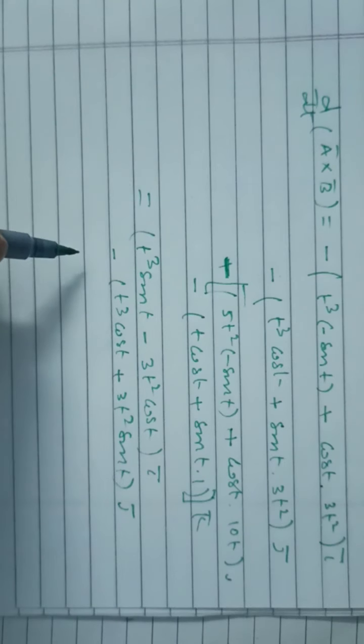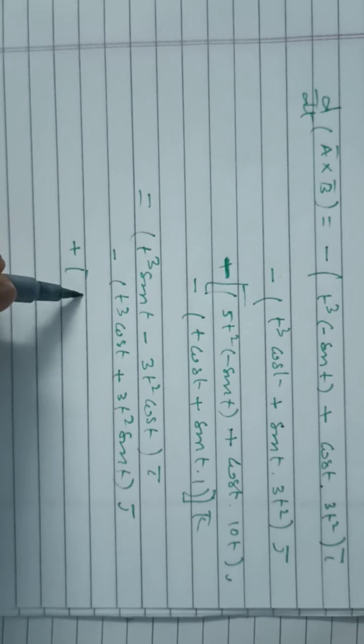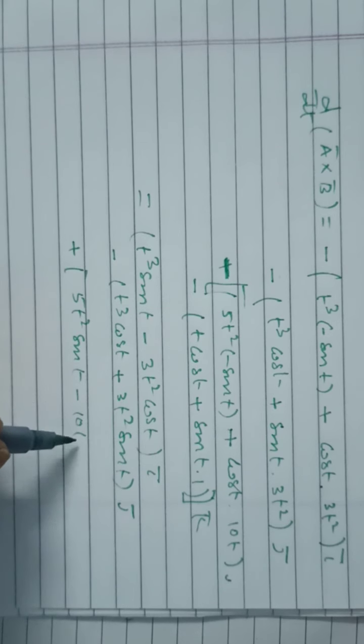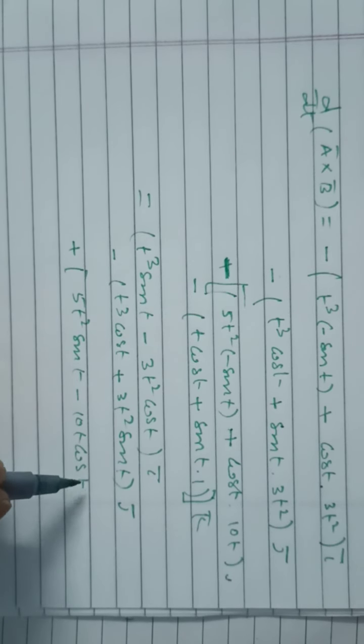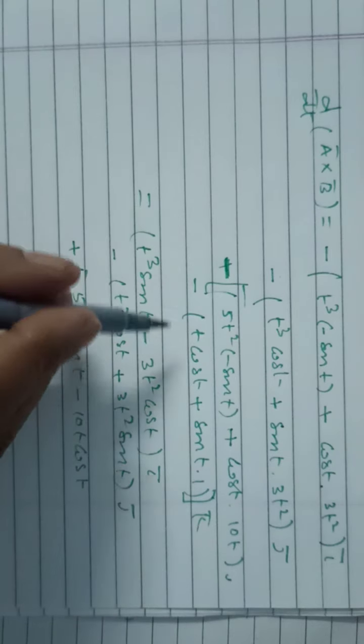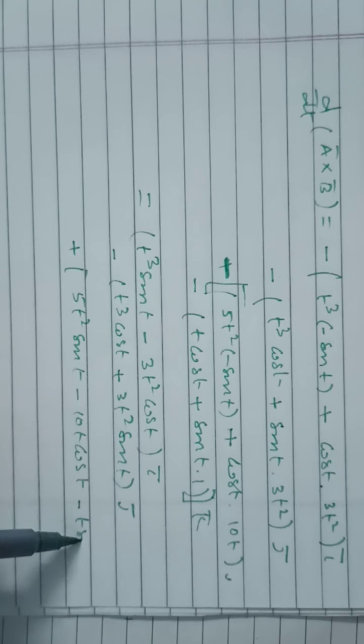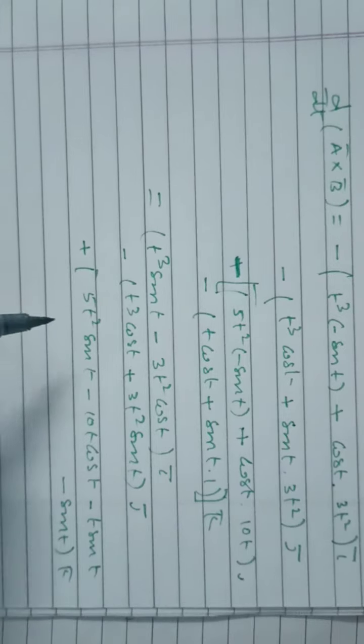Last one, plus, minus is taken outside from all, 5t square sin t minus 10t cos t, and as minus is common, minus t sin t minus sin t of k bar.